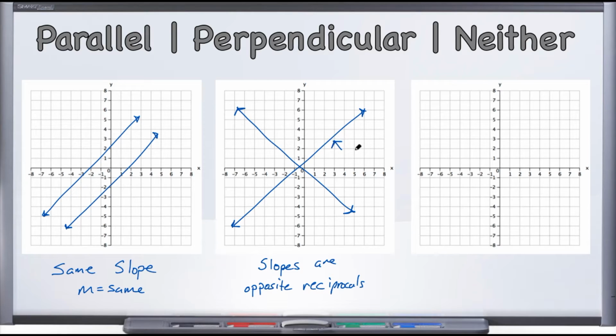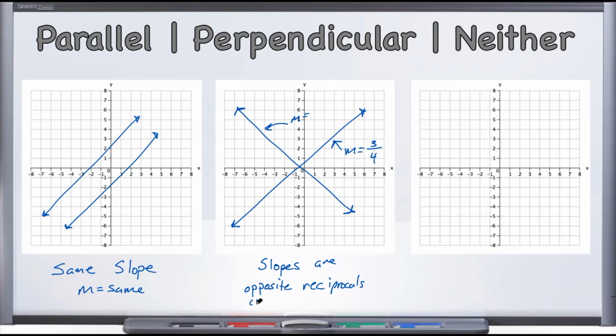Well, let's pretend, for the sake of this example, that this line here has a slope of, let's just say, 3 over 4. Well, if this line has a slope of 3 over 4, then a line perpendicular to that line is going to have a slope of an opposite reciprocal. So opposite refers to the sign.